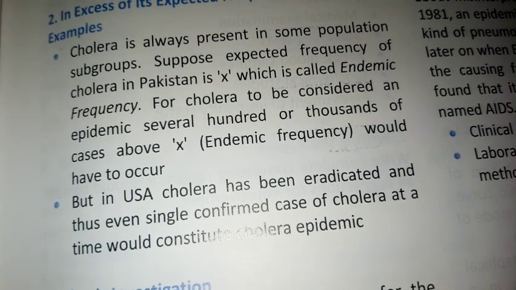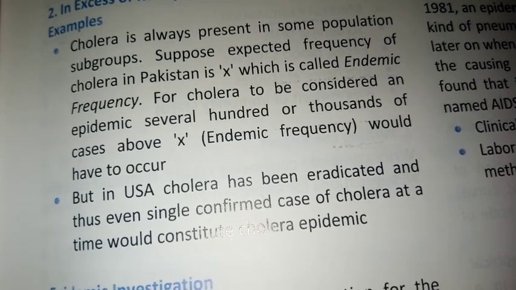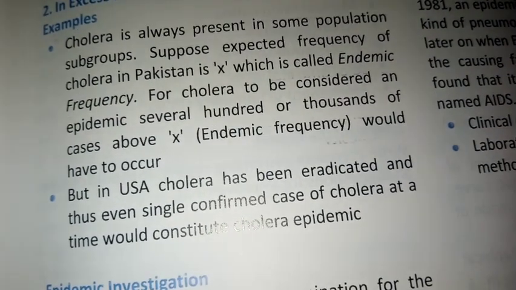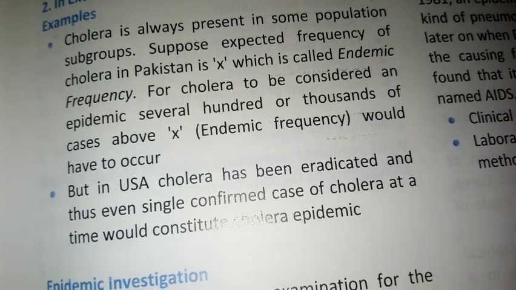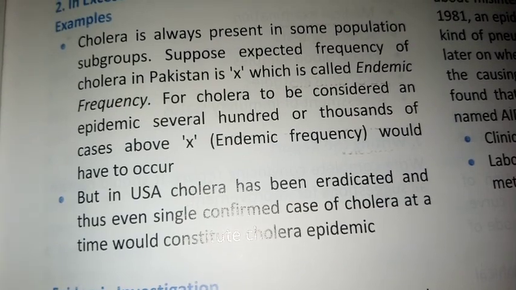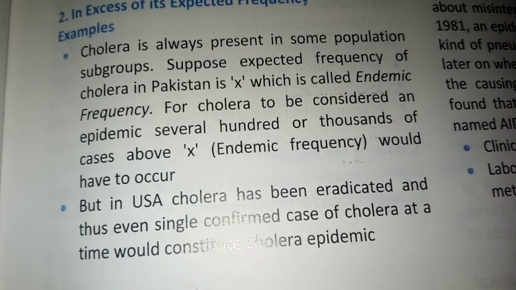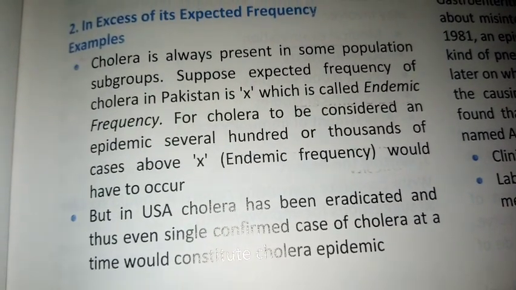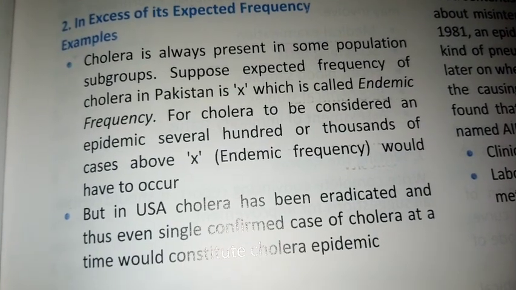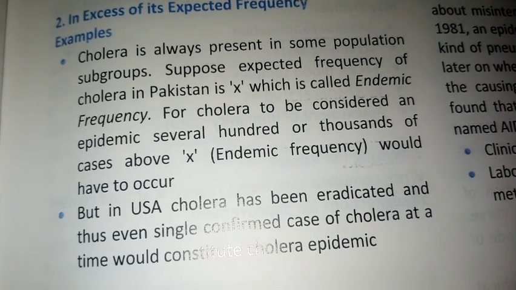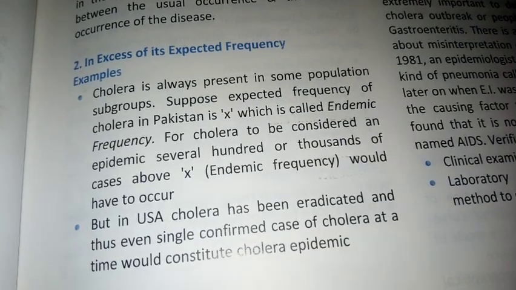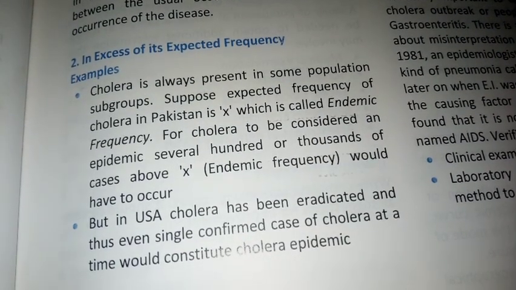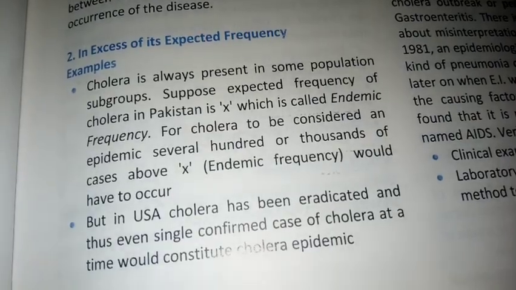For cholera to be considered an epidemic, several hundred or thousand cases above the X endemic frequency would have to occur. But in the USA cholera has been eradicated, and thus even a single confirmed case of cholera at a time would constitute a cholera epidemic.